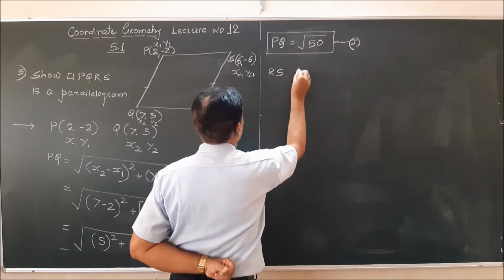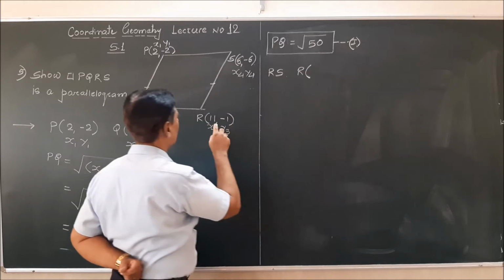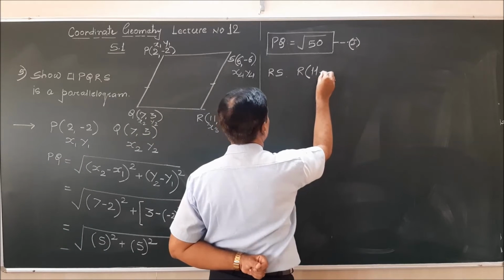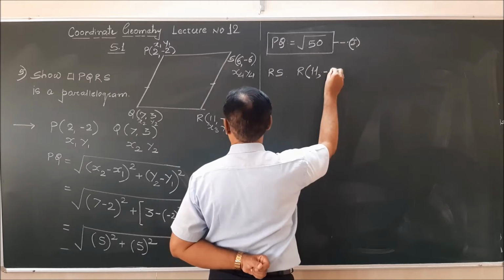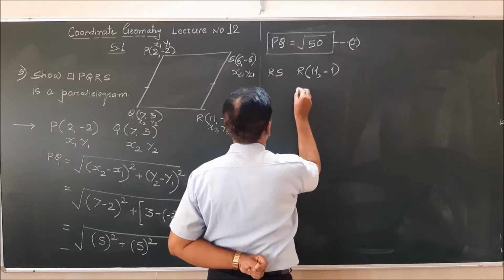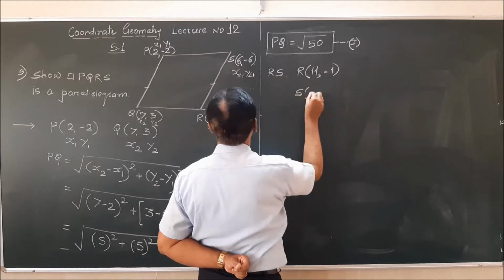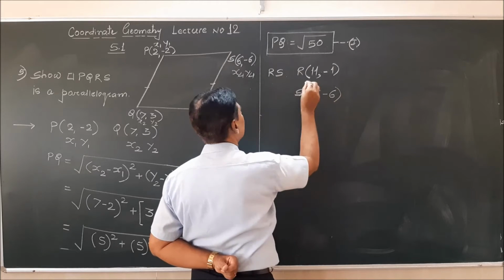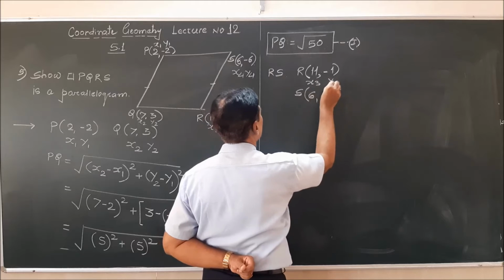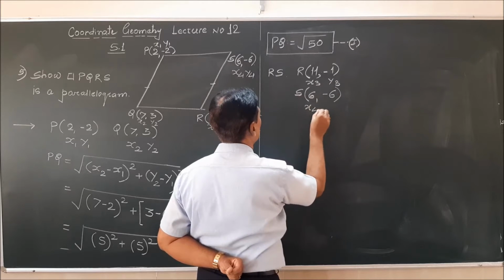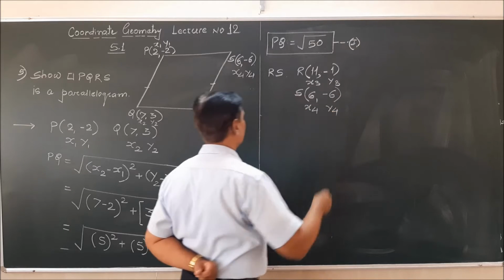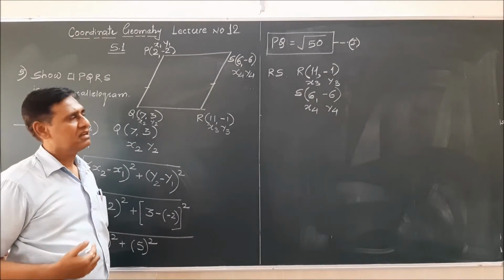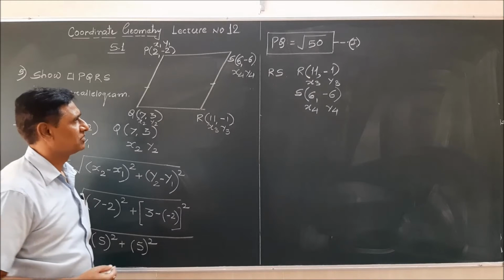You will find that the coordinates of R are 11 comma minus 1, while those of S are 6 comma minus 6. So x3 y3, x4 y4. When I say RS, naturally S is the second point.